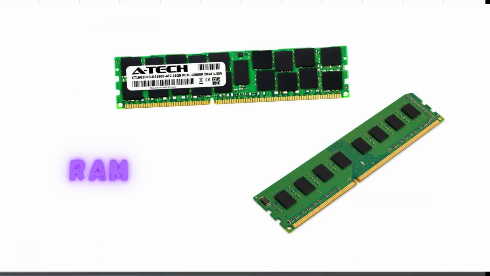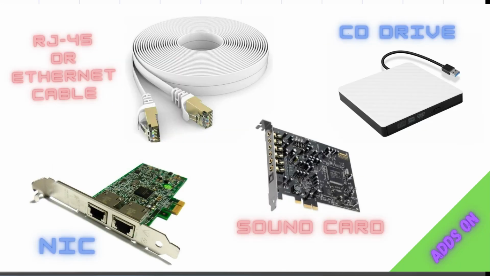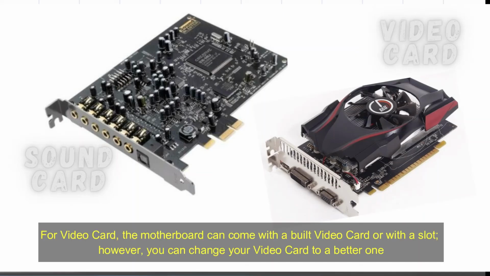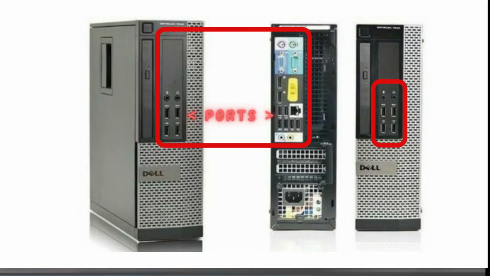The memory, it's RAM, random access memory. Then all the rest are things that you add on or you can add later on: sound, video card, network card, and everything. So technically, a computer is an electronic device that processes data.